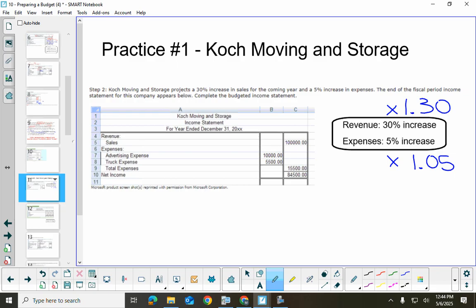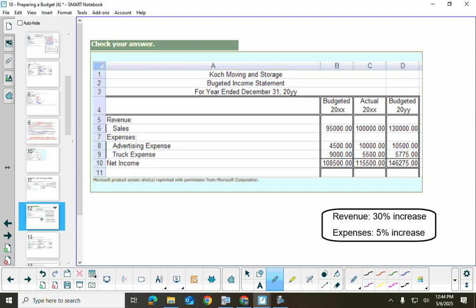So the revenue gets multiplied by 1.3. The expenses get multiplied by 1.05. So what that will look like is, again, multiplying by 1.3, multiplying by 1.05. So these would be the answers that you should get out.